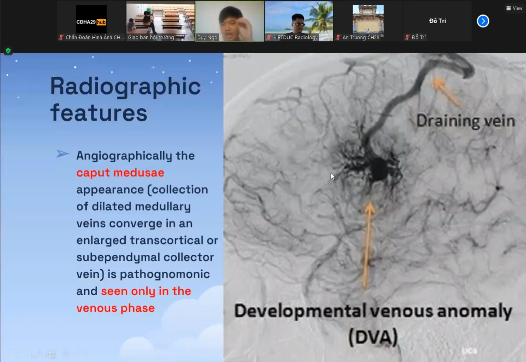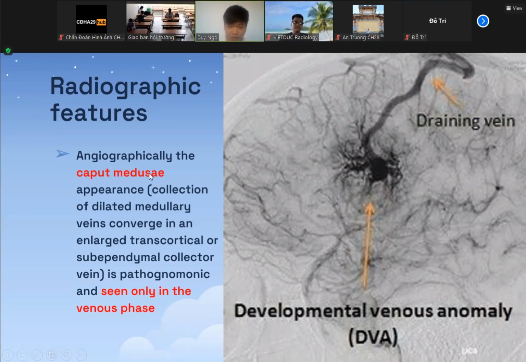So they use the name. You can see here that this developmental venous anomaly looks like the head of Medusa, and these branches look like the hair of Medusa, right?